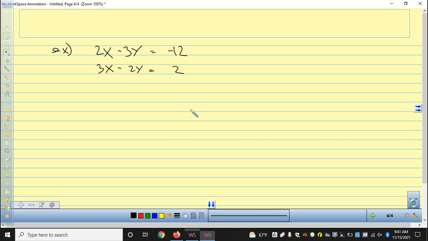So we don't have anything that really matches up. But could I multiply this equation by some number and this equation by some other number to get the same numbers in front of either the x or the y? Or what could I do here?